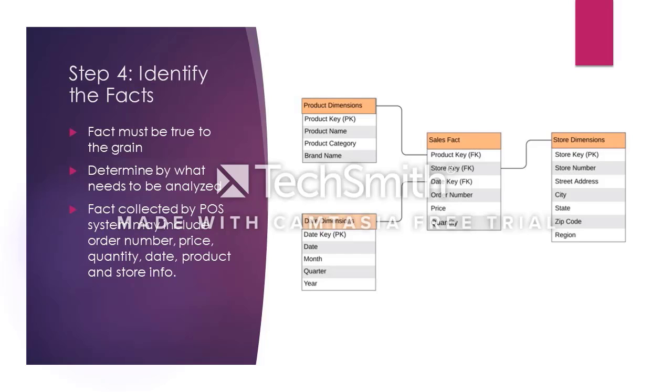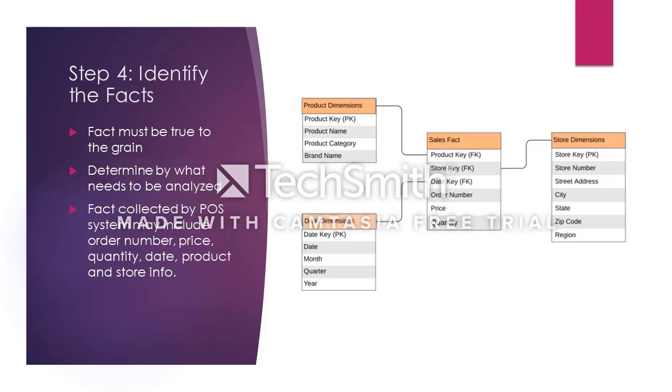The final step of dimensional model design is to identify the fact. Fact table, like dimension table, must be true to the grain declared in step 2 as well. Fact table helps answer the question, what is the process trying to measure, what needs to be analyzed, or what we are trying to get out of the data warehouse.